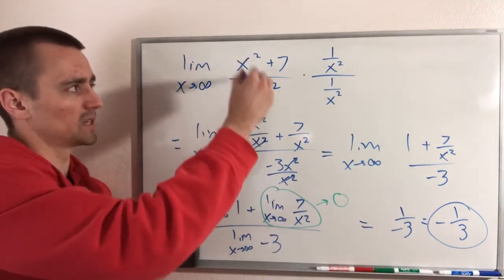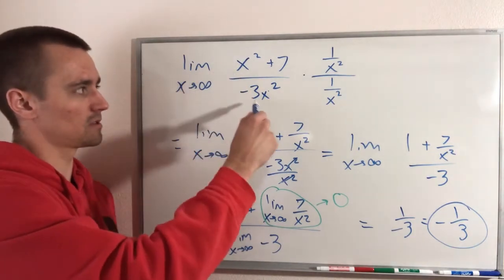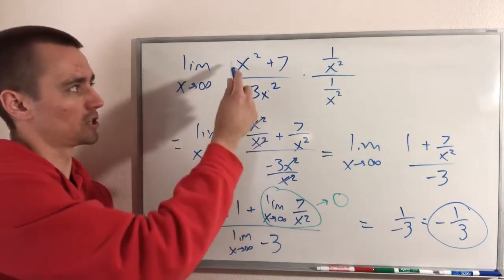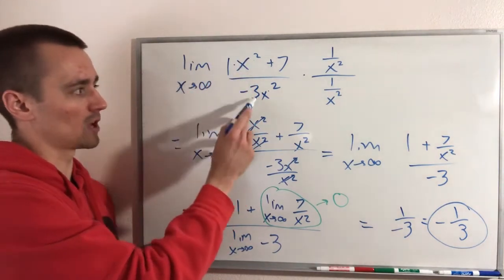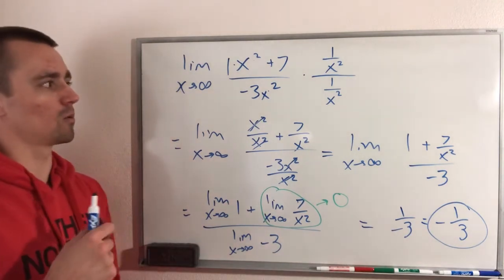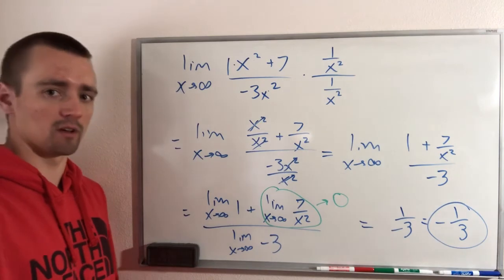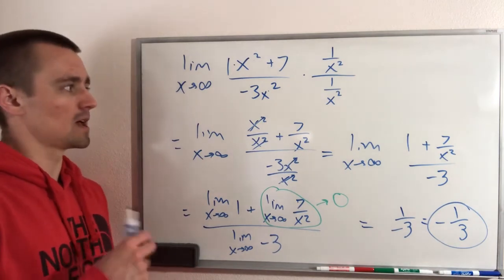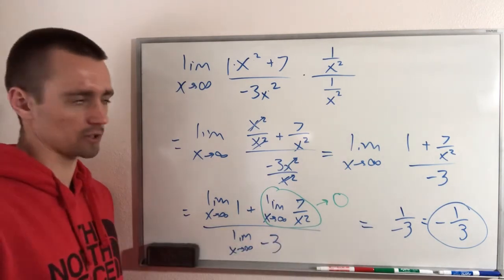And the biggest power x's kind of cancel out, and you're just going to be left with the coefficient of each, right? The coefficient here was 1. So we just ended up with 1 over negative 3, which is exactly what we had down here. So when the powers are the same, you just take the coefficients, and everything else pretty much has no impact, and you're just left with those coefficients, creating some sort of fraction.